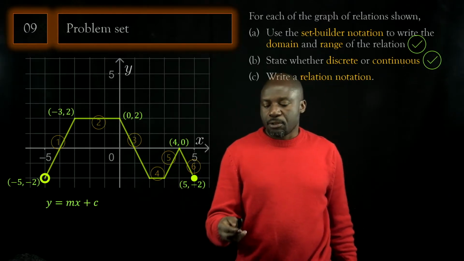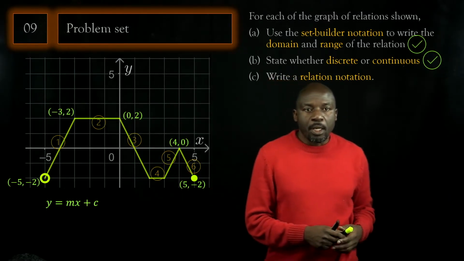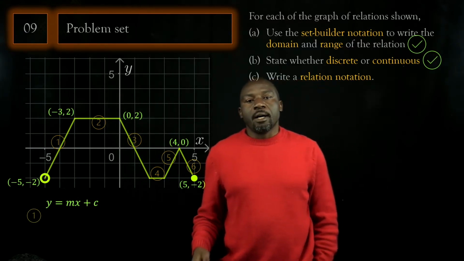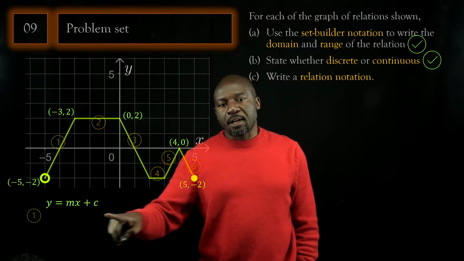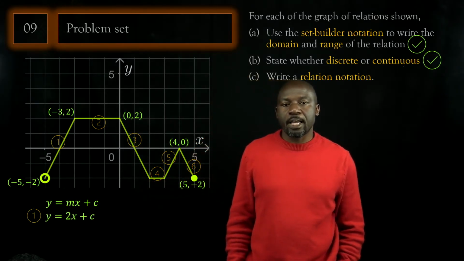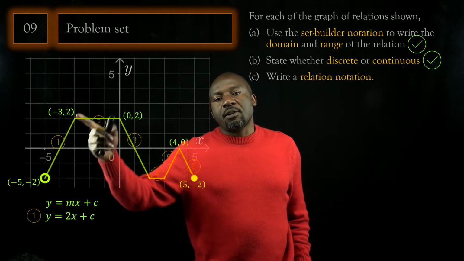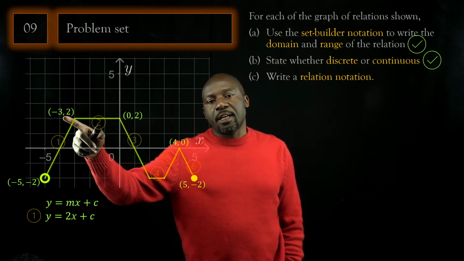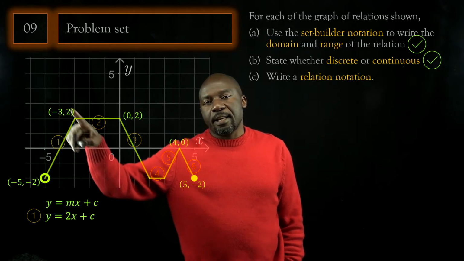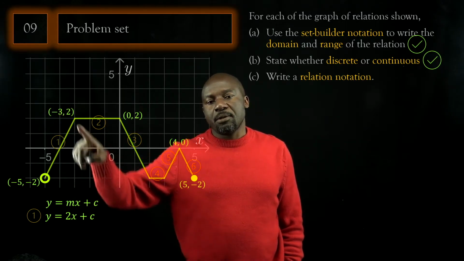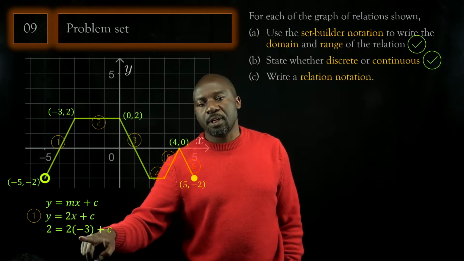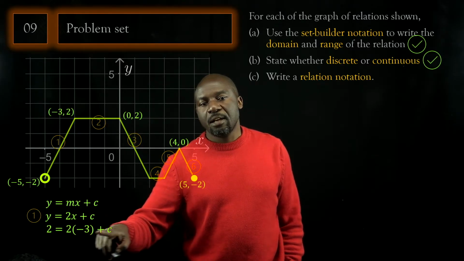Right, and so with that in mind, line 1, the gradient is 2, so I can write at least y is 2x plus c. Then I pick one of the 2 points. Let's take that. When x is negative 3, y is 2, so I can say 2 equals 2 into negative 3 for x plus c.